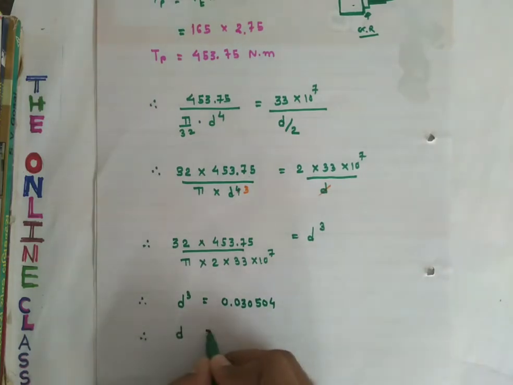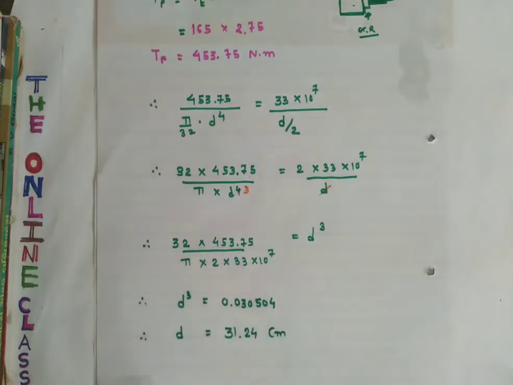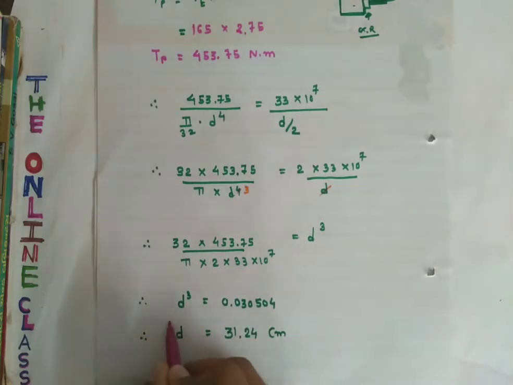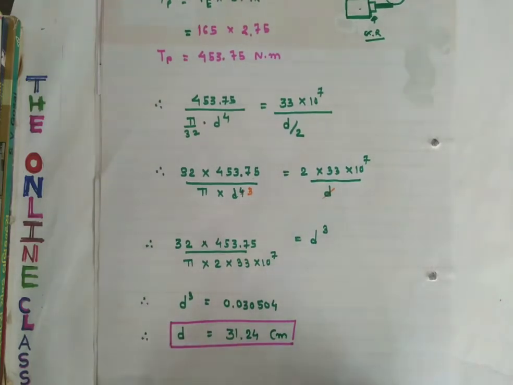Then we have d is equal to 31.24 centimeter. So we have found our maximum diameter is 31.24 centimeter. Okay, then we have to find the maximum load at each wheel.